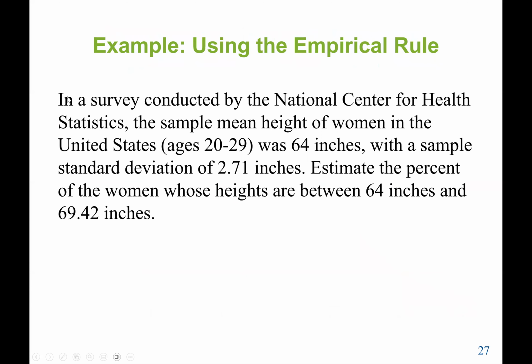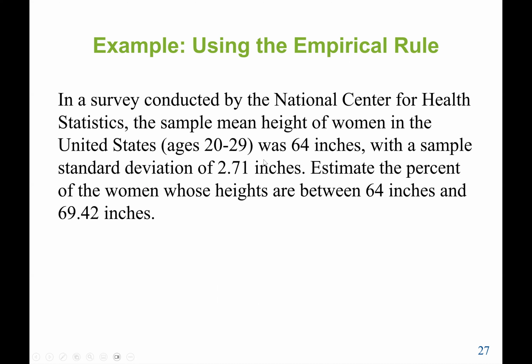So let's see this example. A survey conducted by the National Center for Health Statistics found that the sample mean height of women in the United States between the ages of 20 to 29 was 64 inches, with a sample standard deviation of 2.71 inches. We should estimate the percent of the women whose heights are between 64 inches and 69.42 inches.